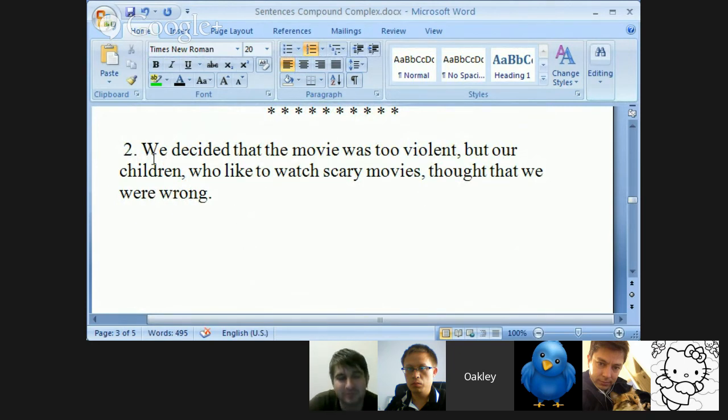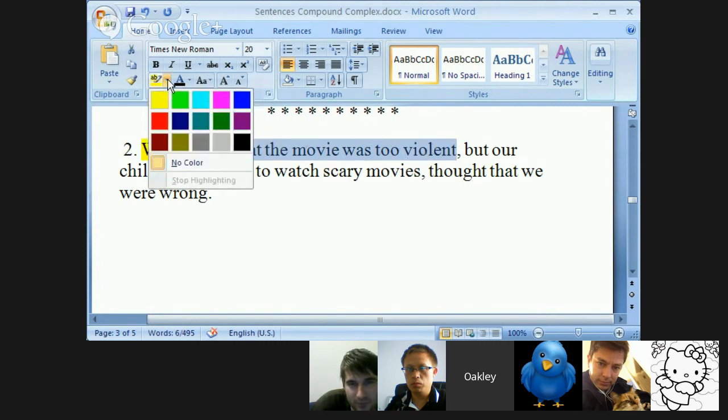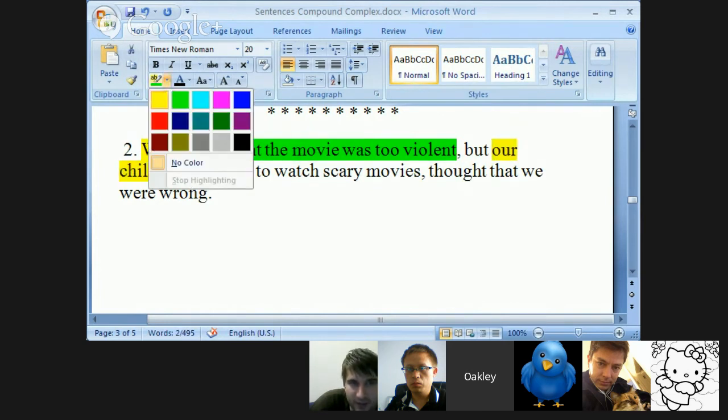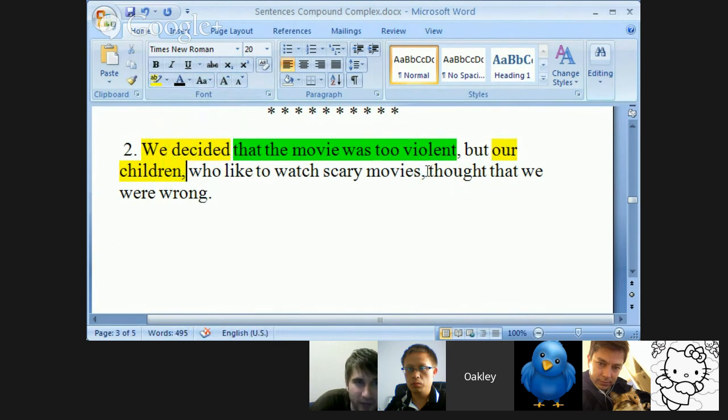Vladimir, how about this sentence? Let's dissect this one real quick. "We decided" is an independent clause. "That the movie was too violent" is a dependent clause. "But our children thought that we were wrong" is an independent clause, and we have one more dependent clause inside the second.